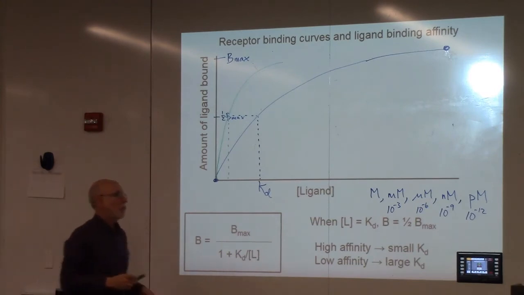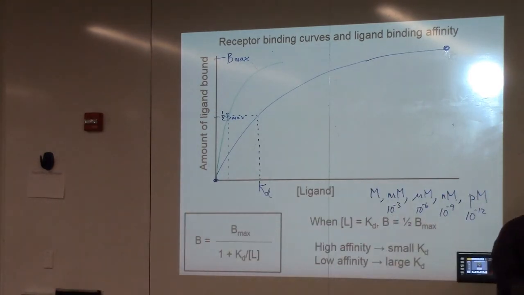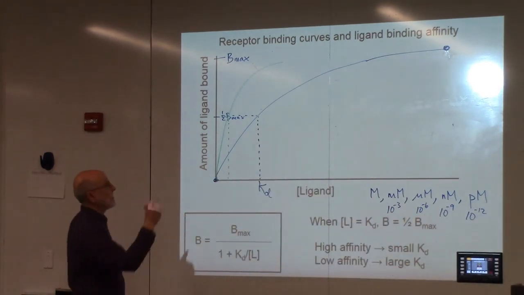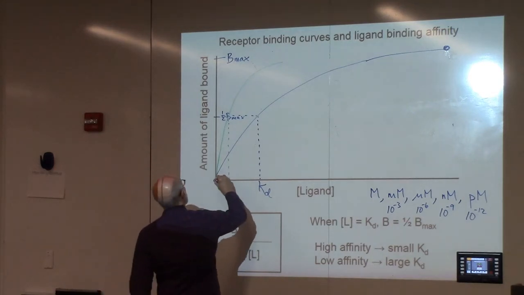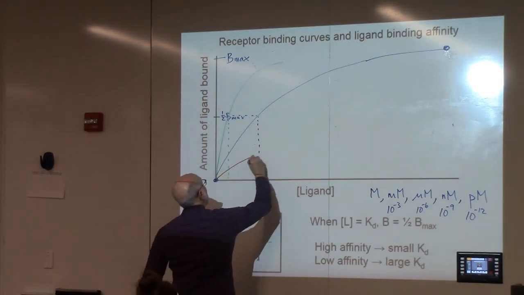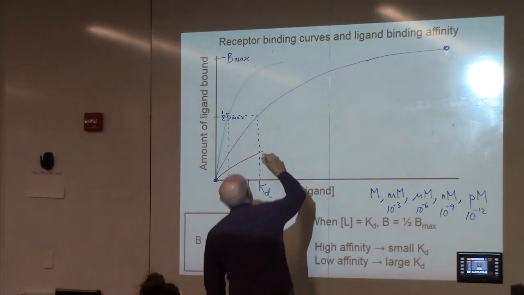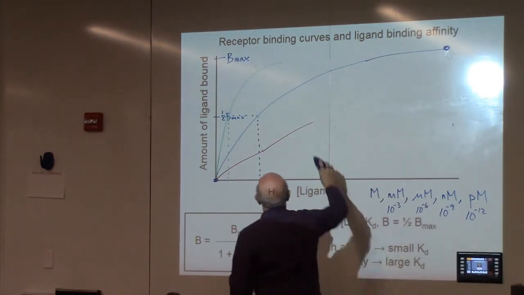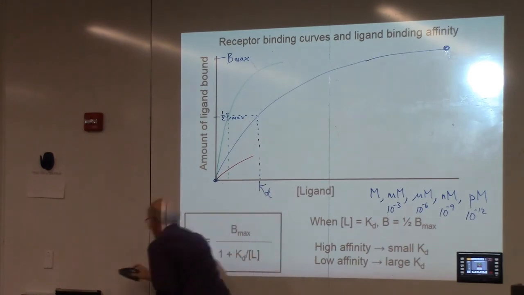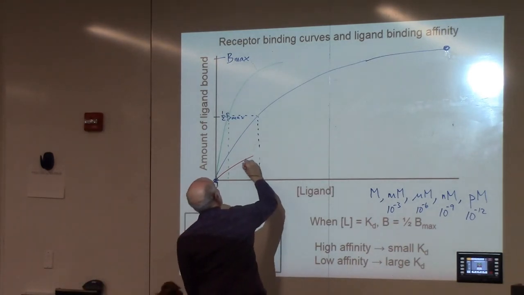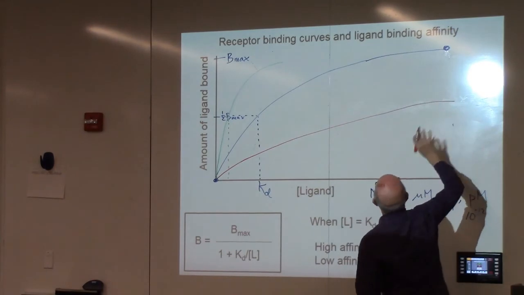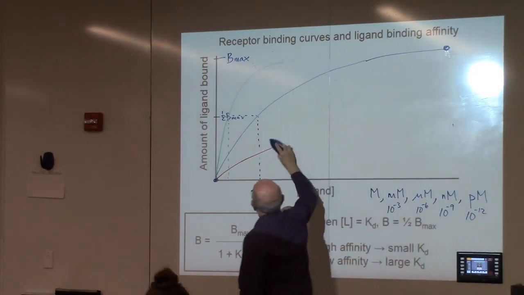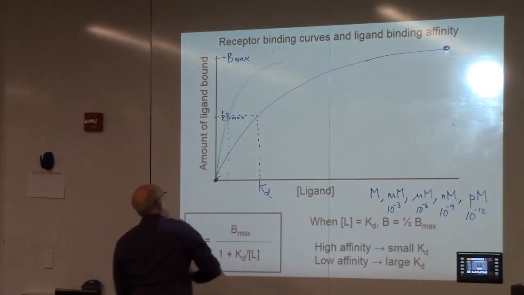And obviously, what would it look like for a receptor that had lower affinity? It's just the opposite. If we have a receptor with the same Bmax, but with a lower affinity, I don't want, this is harder to do actually. No, that's bad. I'm not going to make it quite as low affinity as that.